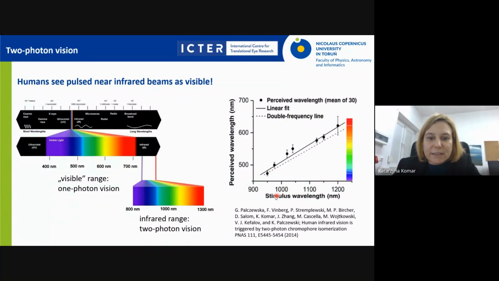We used a system similar to a scanning laser ophthalmoscope. In this system, we presented two vertical lines on the retina to the participants. One line was emitted from an infrared tunable laser with 200 femtosecond pulses and 76 megahertz repetition frequency.